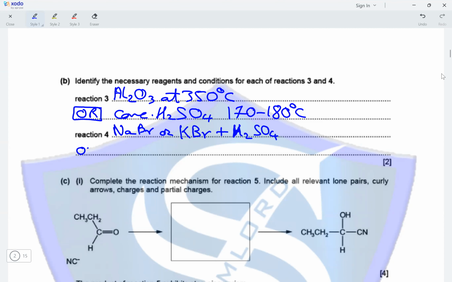Or another condition is possible if we have the alcohol reacting with either PBr3 plus heat, or we have the alcohol reacting with bromine.